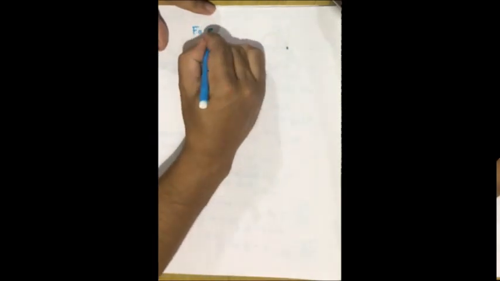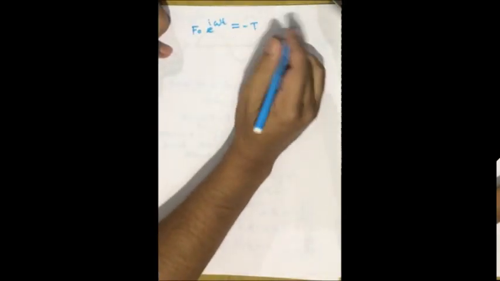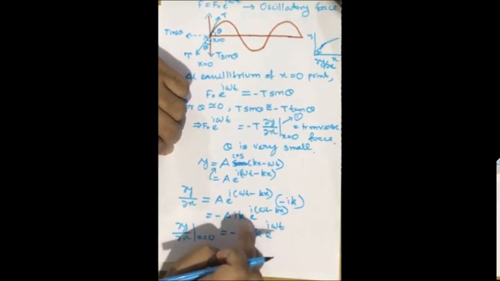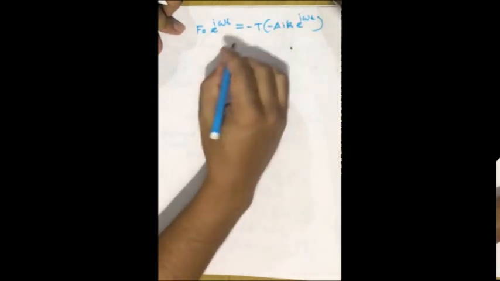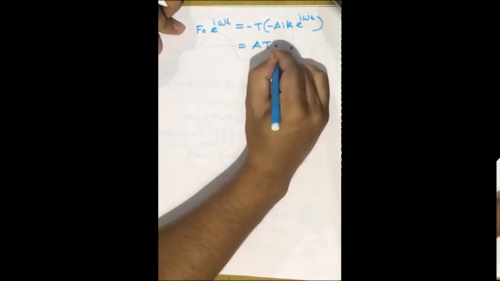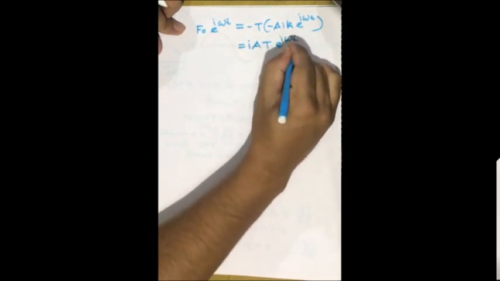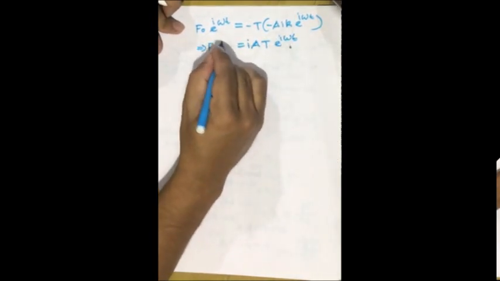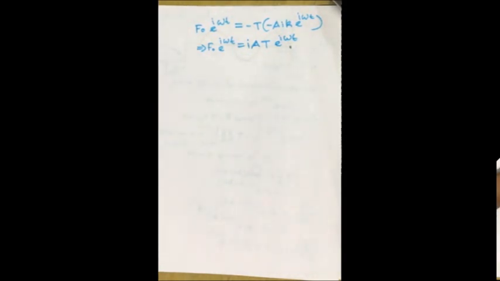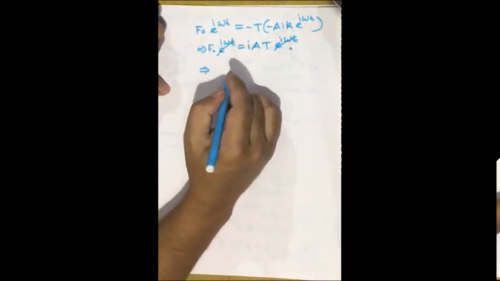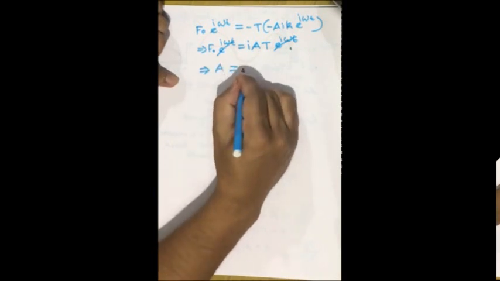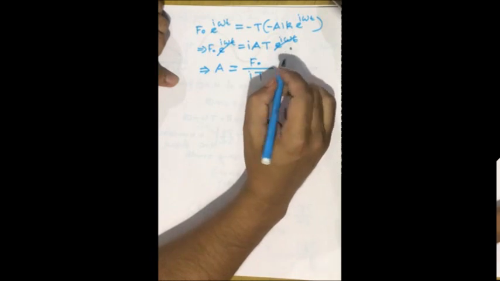So when we put this value, we get F₀ e^{iωt} = −T times (−A i k e^{iωt}), which gives T A i k e^{iωt}. So this term gets cancelled, and from here we can determine the value of A. A will be equal to F₀ divided by iTk.